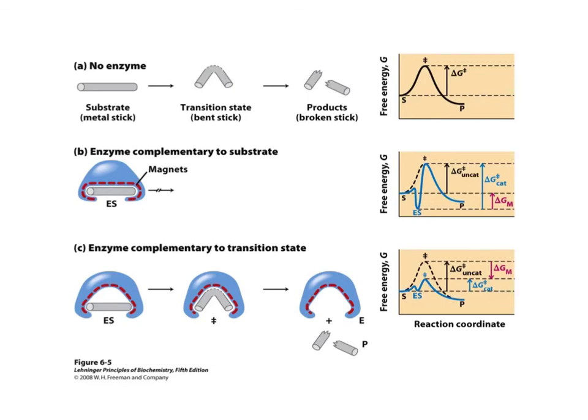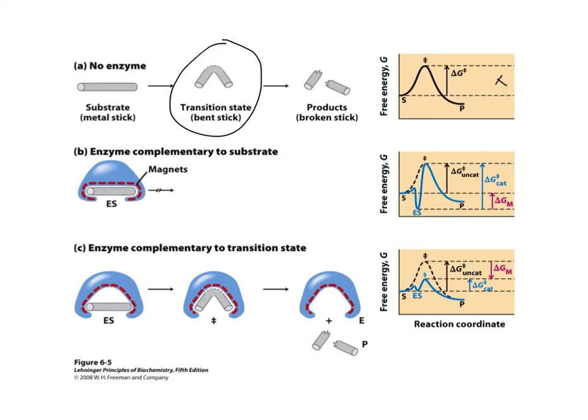In the uncatalyzed reaction, we have our metal stick, and in order to break, it has to bend in this transition state and come apart. Without anything to help that along, we see that the activation energy, the energy required here, is fairly large.